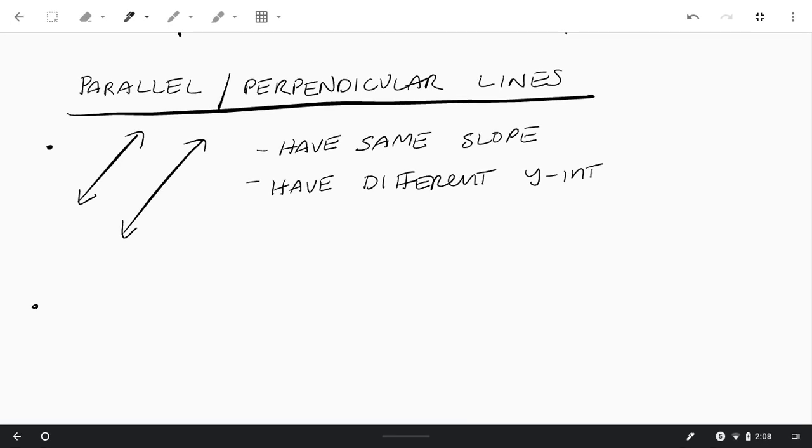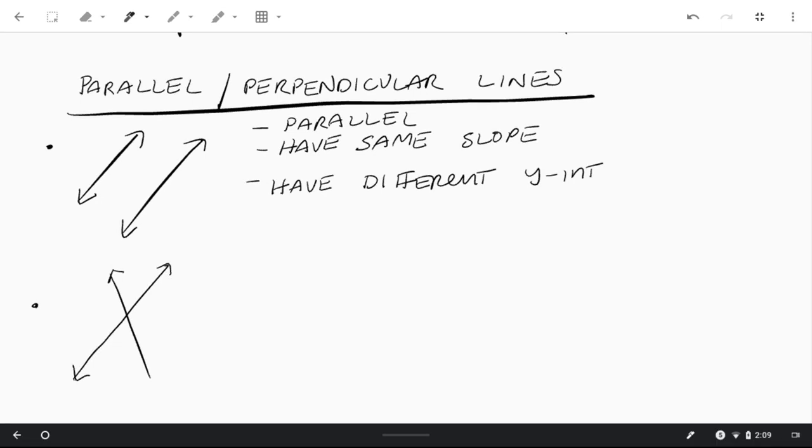And then if we have perpendicular lines, let me write down parallel up here. If you have perpendicular lines, they would look like this. Perpendicular means they intersect, but specifically they intersect at 90 degrees. So don't copy this down. If they cross like that, those are not perpendicular because right here, that is not 90 degrees.